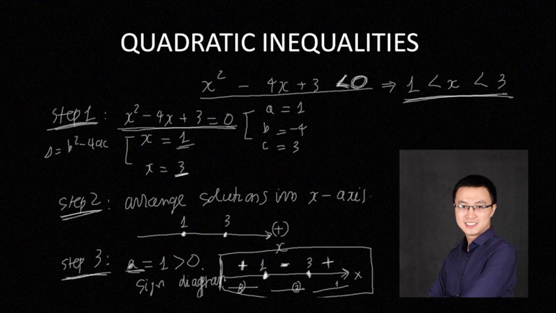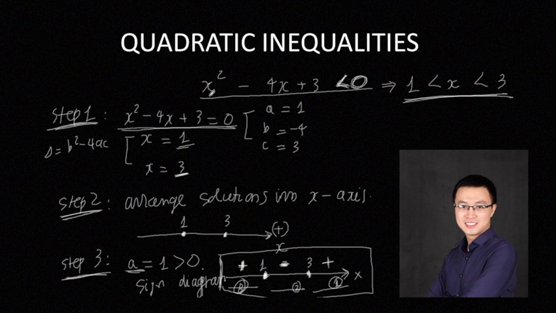In this case, a is positive 1. So the part of 1 will have the same sign as a, positive, and then you alternate the sign: positive, negative, and then positive again.